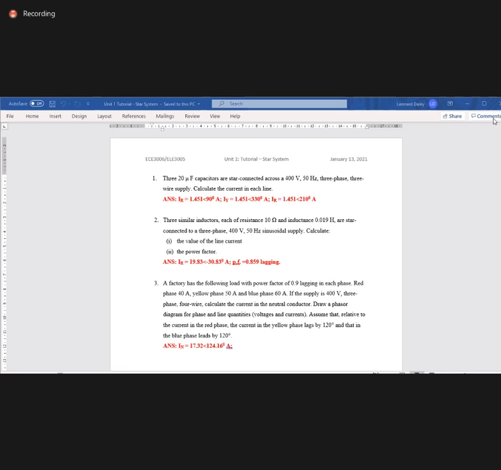Oh, but why is the angle the problem? Sir, I don't know how to approach the angle. All right, let's go through the solution.